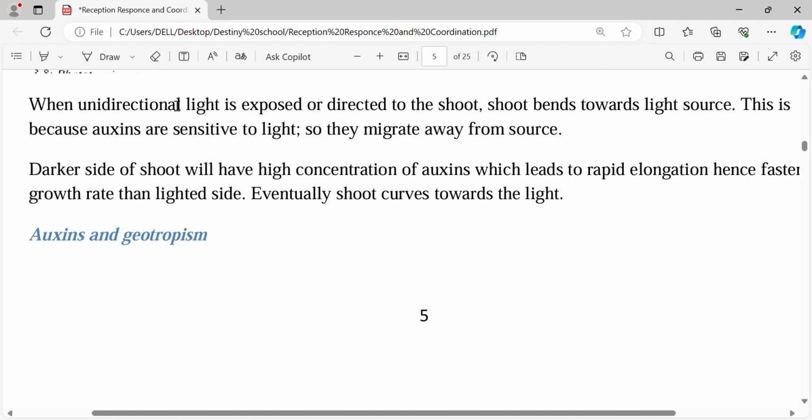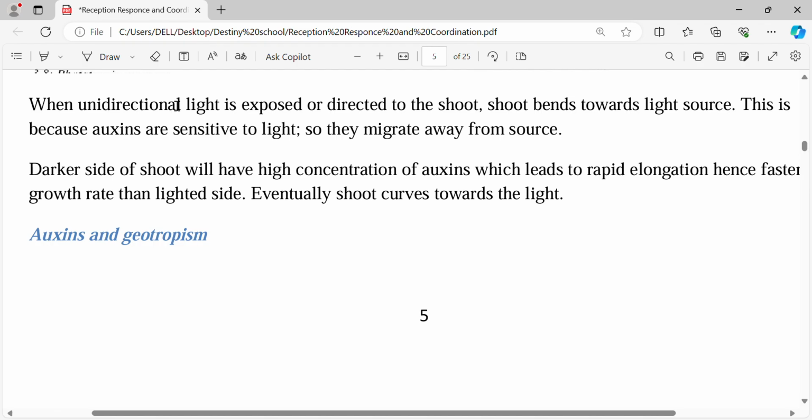Then eventually, after some weeks, you're going to see that the plant is able to grow towards sunlight. So when unidirectional light is directed to the shoot, it bends towards the light source.